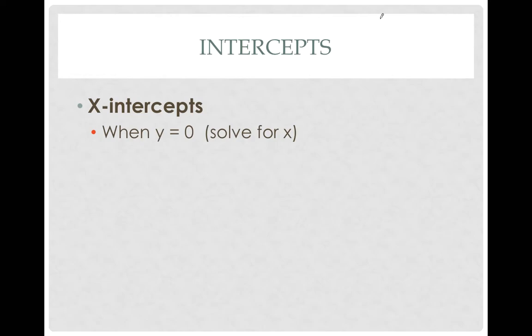So if we just started with our y equals 3x minus 2, I would set y equal to 0, and then I would solve for x. So I would add 2, and I would divide by 3. And this would tell me that the coordinate 2/3, comma, 0 is our x-intercept, or it's the solution that crosses the x-axis, or it's at the x-axis.